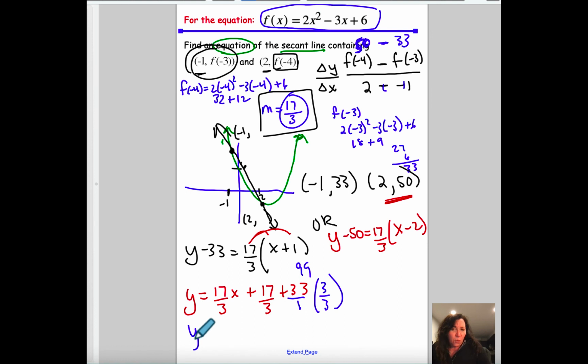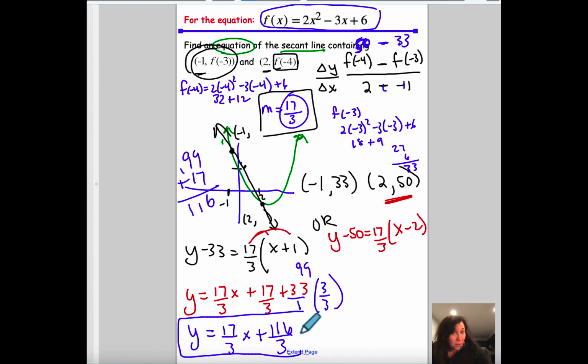So I've got y equals 17 thirds x, and I've got 99 plus 17. What is that? 116. So 116 over 3. So this right here would be my equation in slope intercept form.